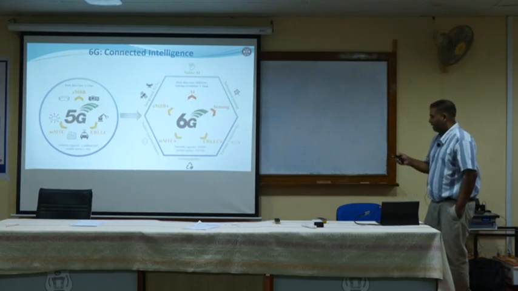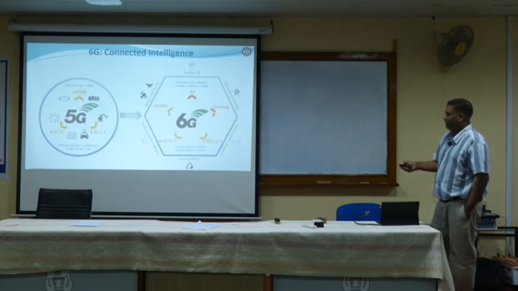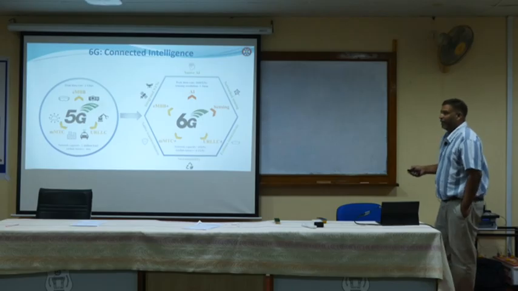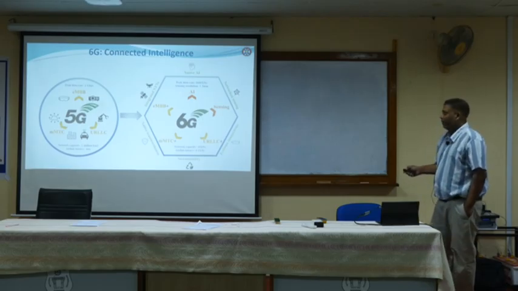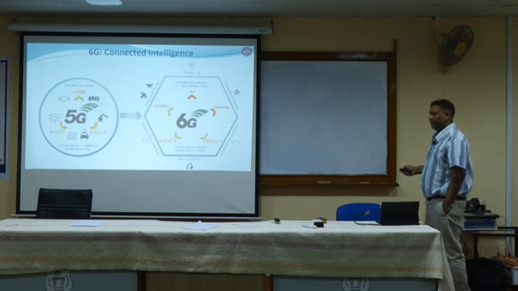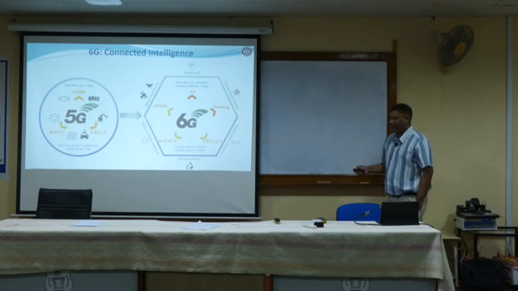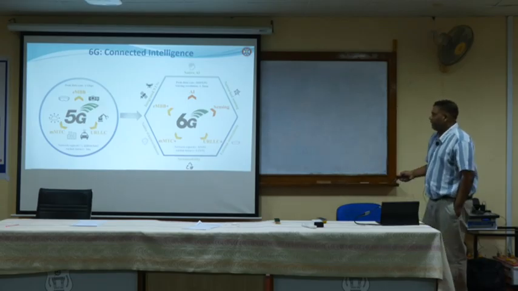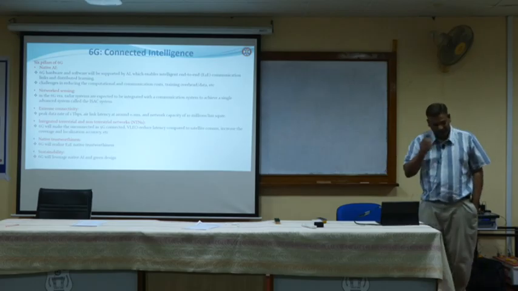That's the plan for 6G. So sensing and communication are integrated together. And we will also see artificial intelligence and machine learning play a crucial role in the 6G network. I already mentioned all these things in the first day as well.